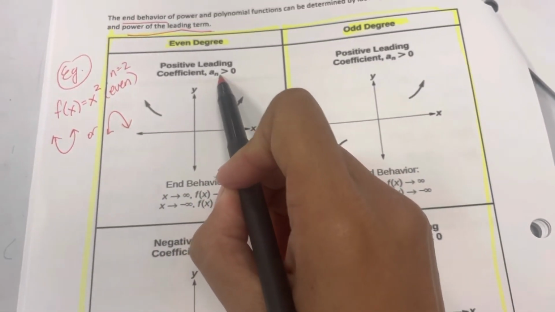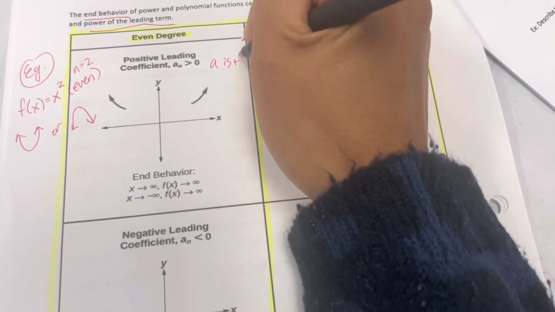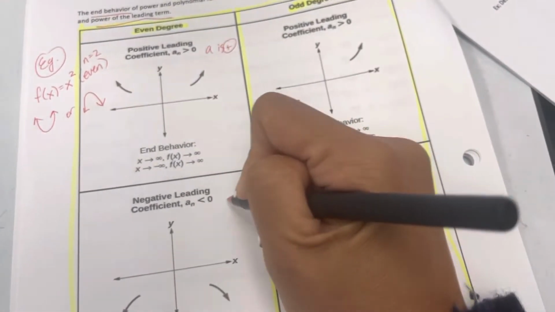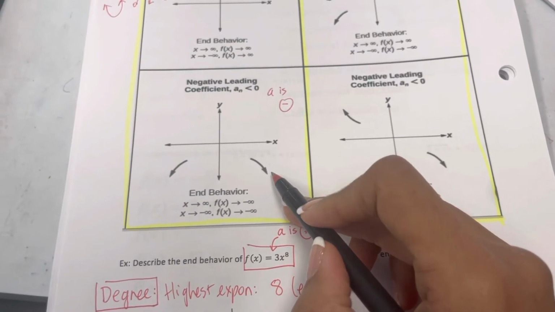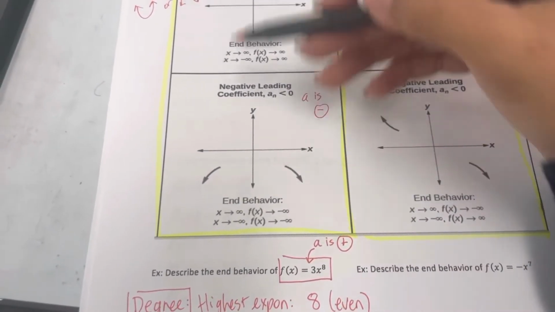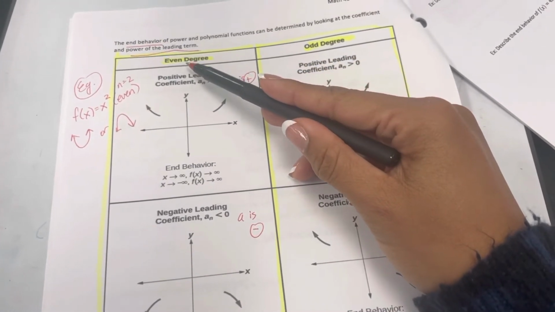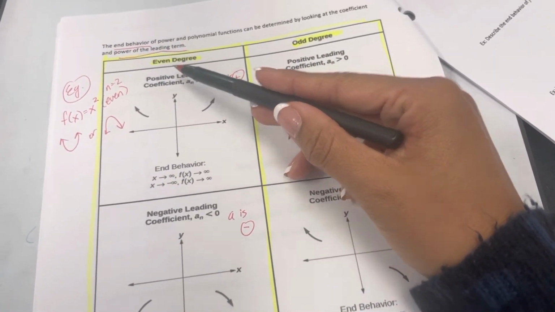Happy, right? If A is positive, it's going to look kind of like a happy face. They're both pointing upwards. If A is negative, they're going to be both pointing downwards. So I'm using things that we already know, which is a parabola, but I'm applying this to anything with an even degree: x to the 4th, 6th, 8th, 10th, etc.